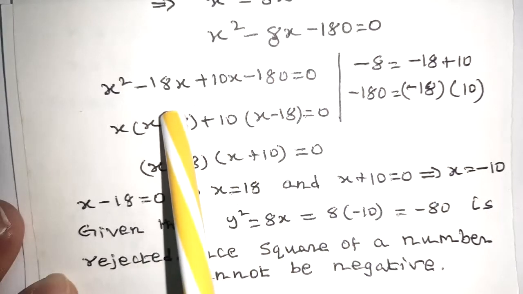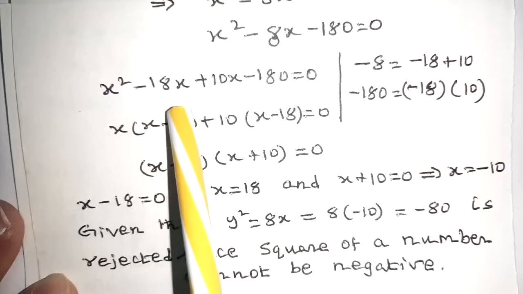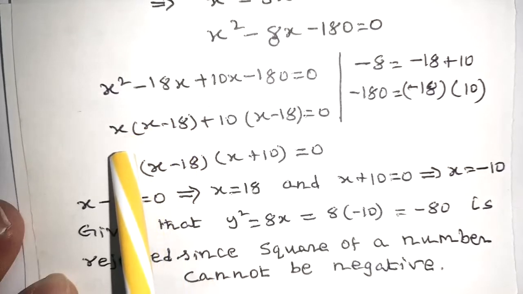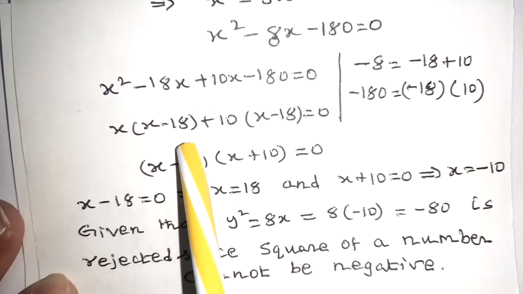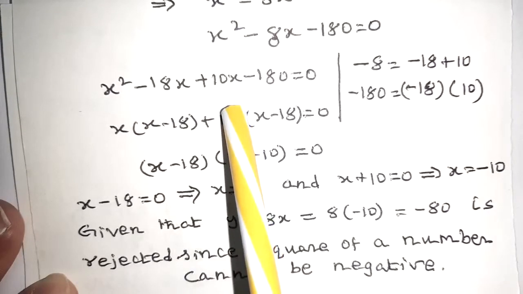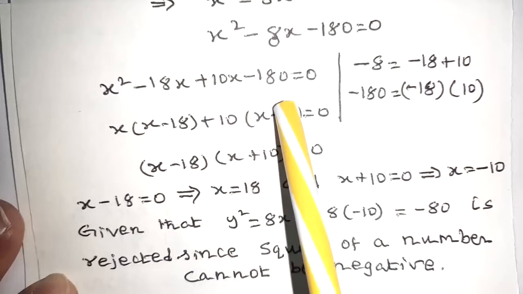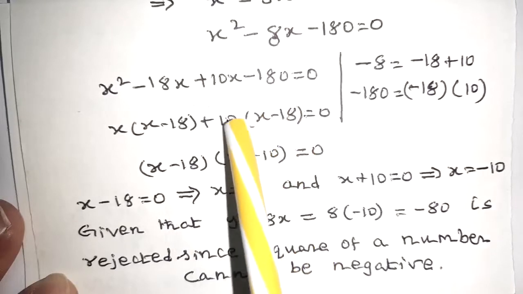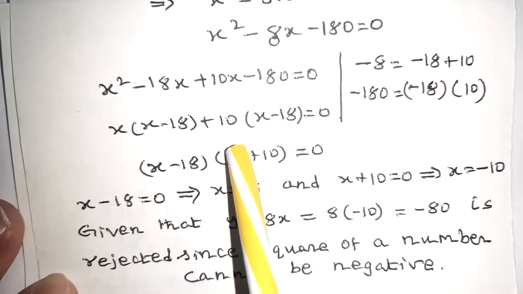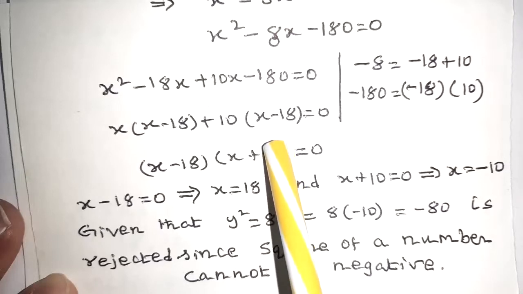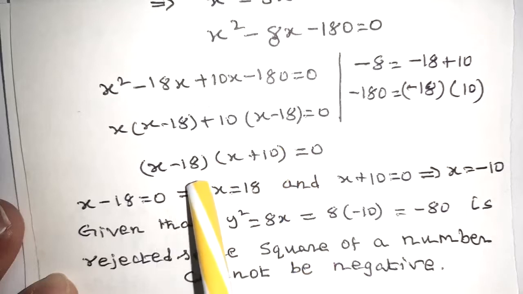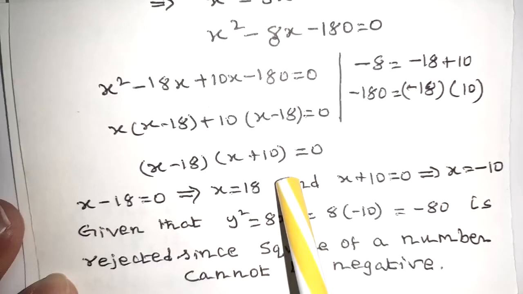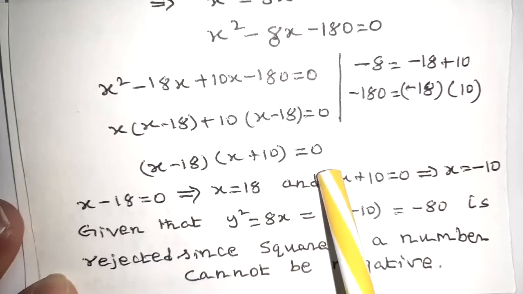Considering these two terms, x square minus 18x, and taking x as common factor, we get x multiplied by x minus 18. Considering the terms 10x minus 180 and taking 10 as common factor, we get 10 multiplied by x minus 18. Therefore, we get x minus 18 multiplied by x plus 10 equal to 0.